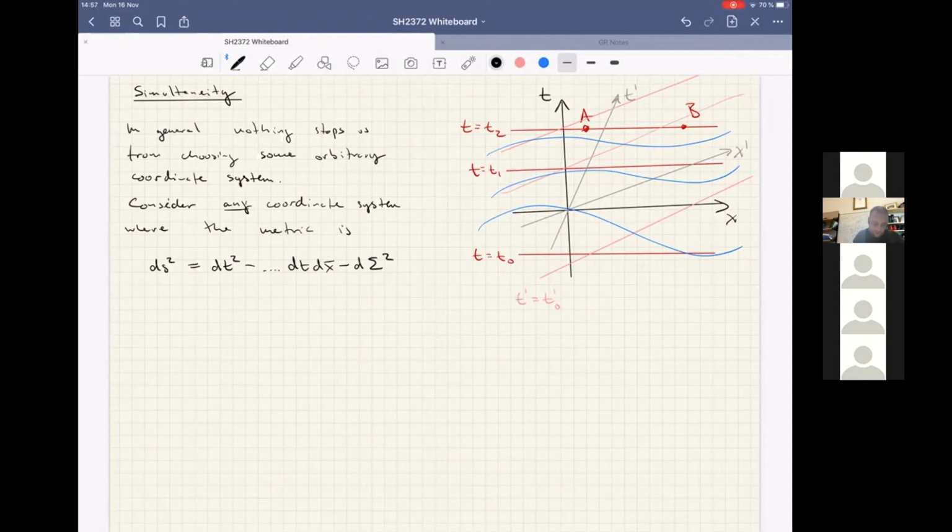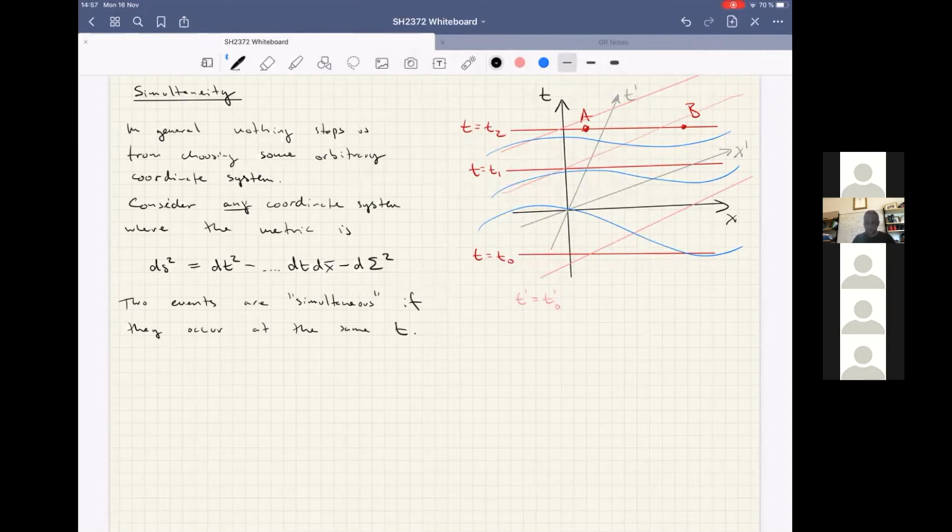And I could say that two events are simultaneous if they occur at the same t. Now, this doesn't mean much because we could essentially choose, if not arbitrarily, then rather freely, from different coordinate systems.